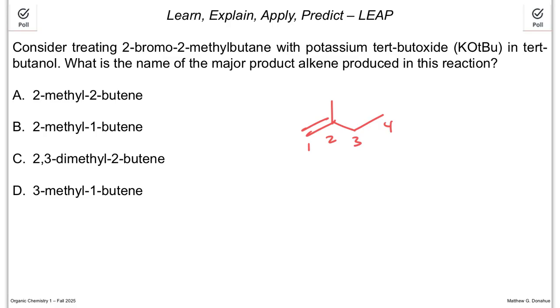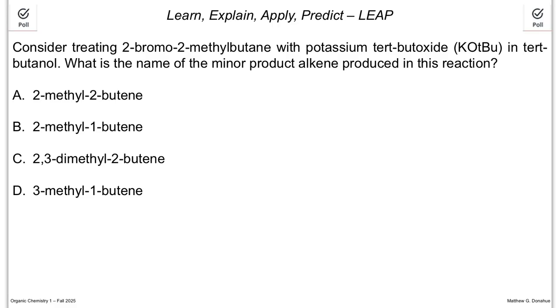Any guesses? So 2-methyl-1-butene. So again, this is a Hoffman elimination because we formed the least substituted alkene. And so what is the name of the minor product that would be formed?